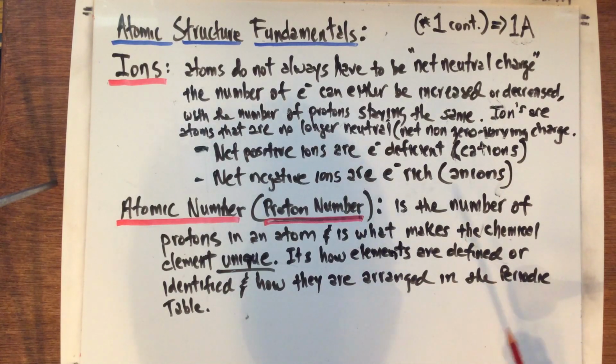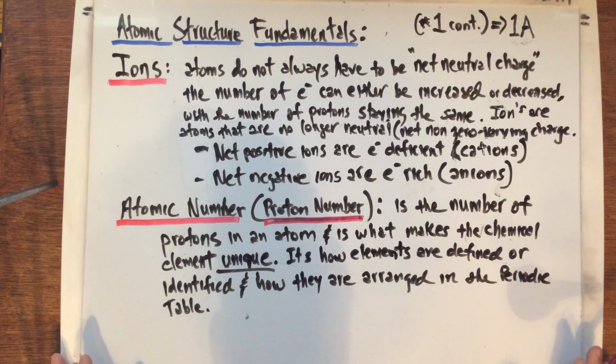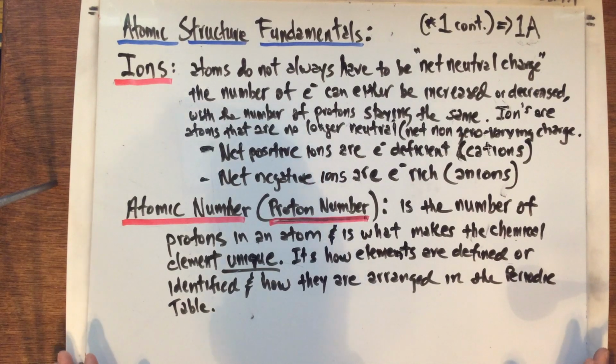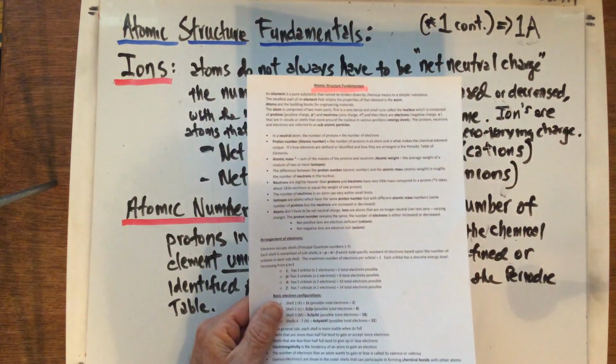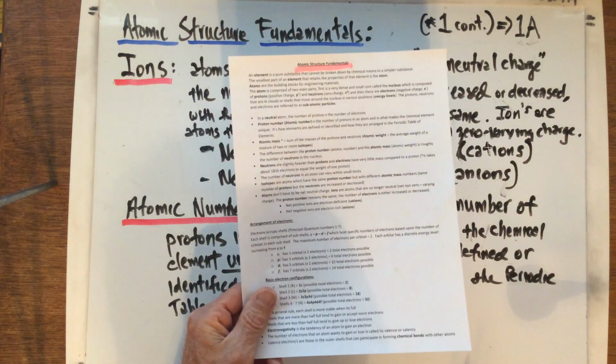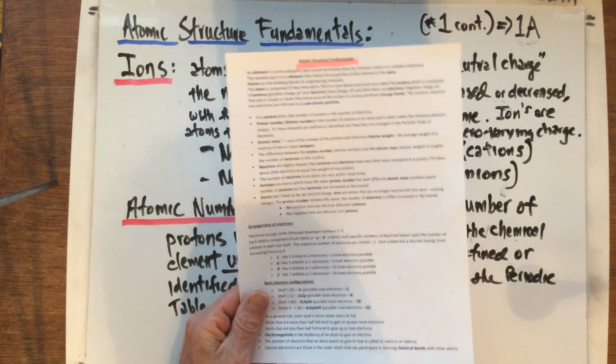Every element has a different atomic number, and only that element has that atomic number. So it's kind of the identifier of those elements, the atomic number, or what we also referred to as the proton number. So those are a couple of key terms that I wanted to get across to you. Those are on this handout that I have given you electronically via the email.